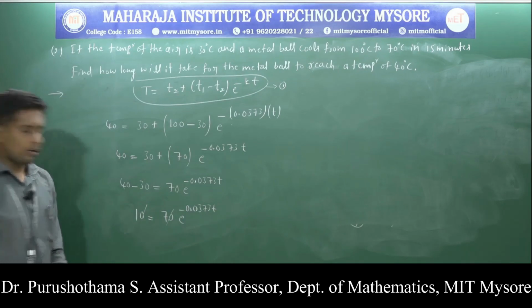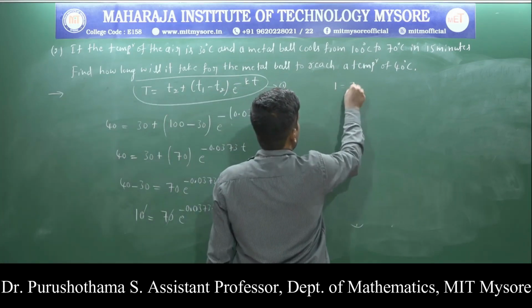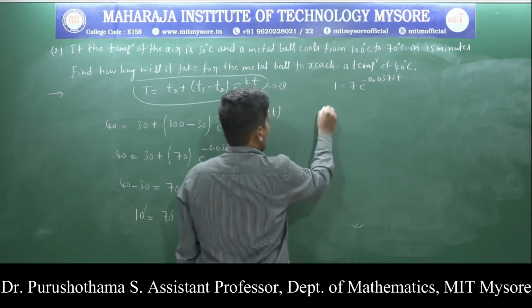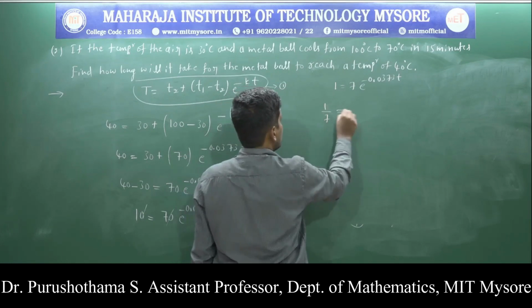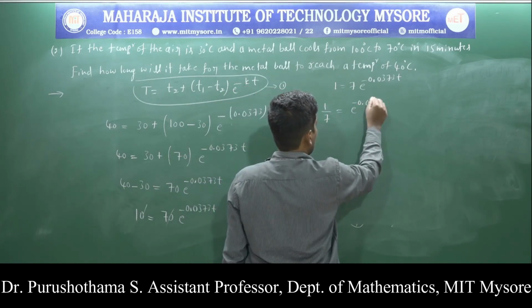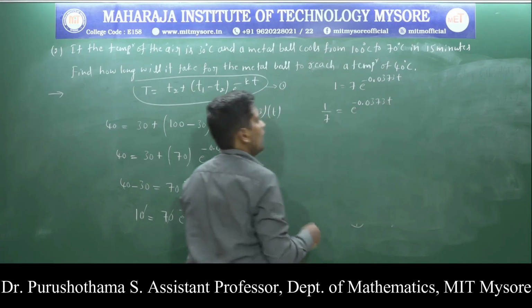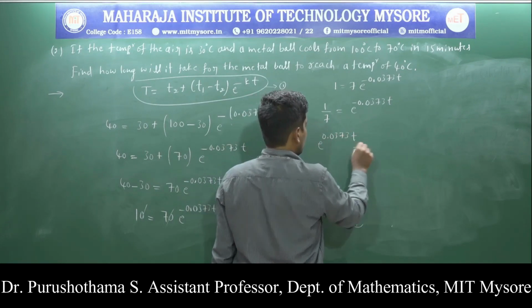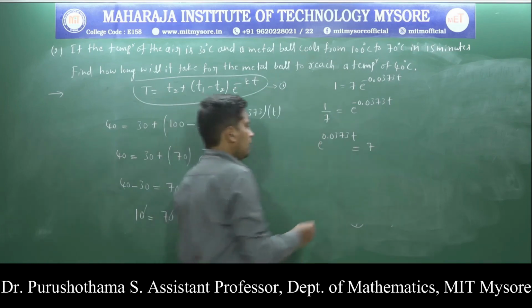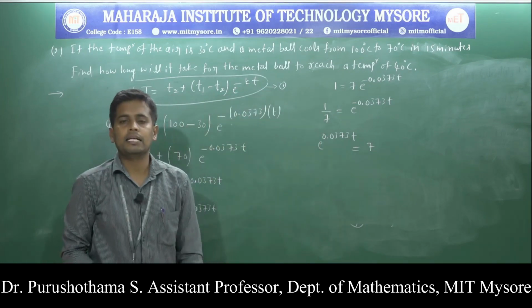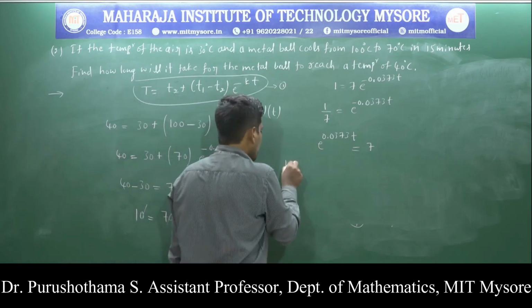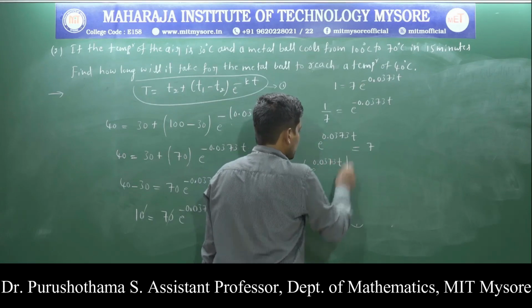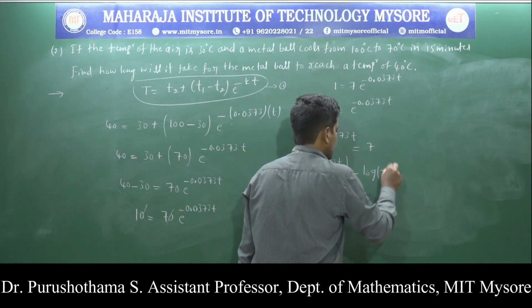The zeros get cancelled, so 1 is equal to 7 into e power minus 0.0373 t, or 1 by 7 is equal to e power minus 0.0373 t, which can be written as e power 0.0373 t is equal to 7. In the next step, taking log on both sides, log of e power 0.0373 t is equal to log of 7.